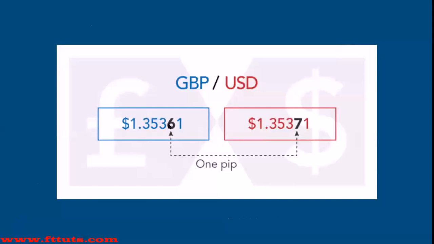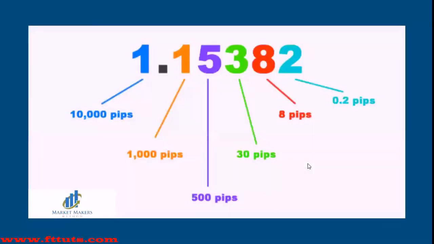As you can see, this is a one pip increase because it is a USD pair, so it is the fourth decimal point, as seen in our last slide. This will be a little bit easier for you to understand. The fifth decimal point, this is most likely Euro USD right here. It is in fact Euro USD.